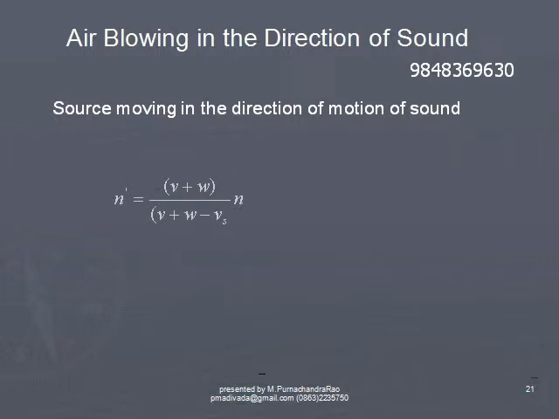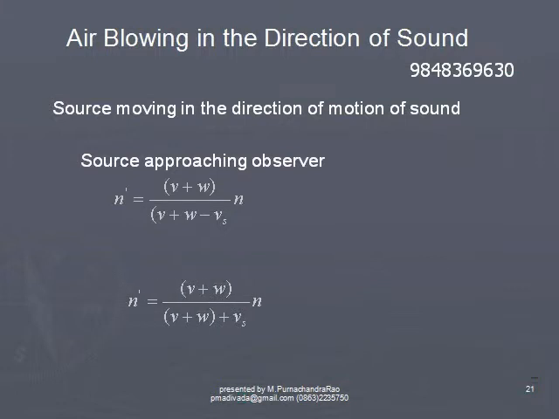If the source is approaching a stationary observer, the relation is n prime is equal to v plus w divided by v plus w minus vs, whole multiplied by n.